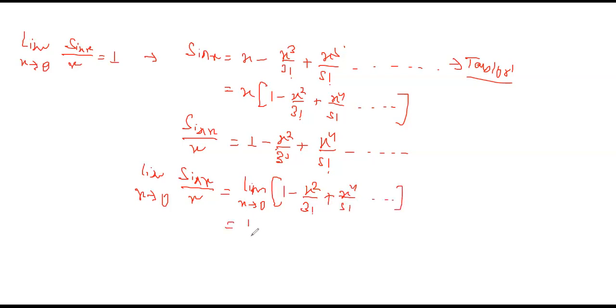It will be equal to 1 minus 0 plus 0 minus 0, which is equal to 1. So limit x tends to 0, sin x by x is equal to 1. Yes or no? Now you got it?